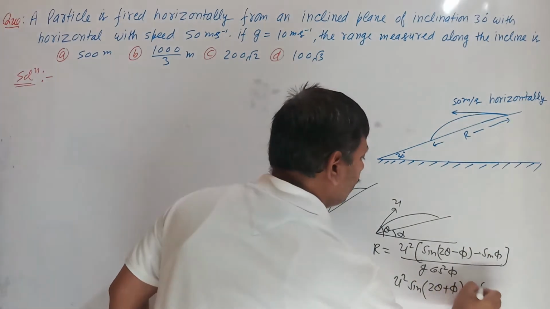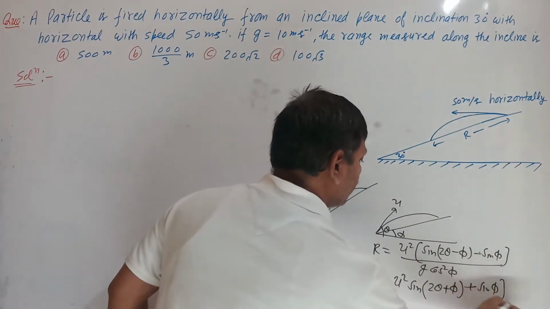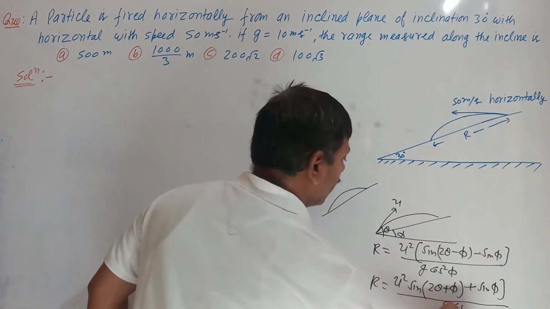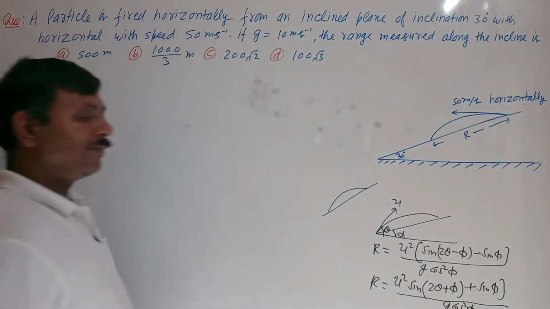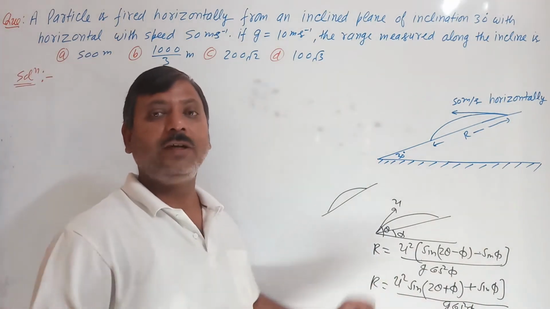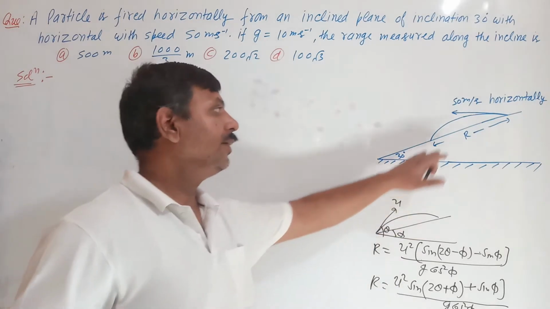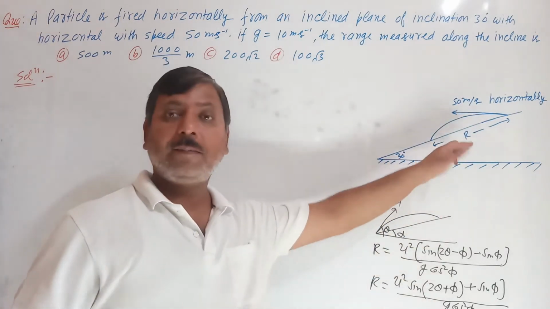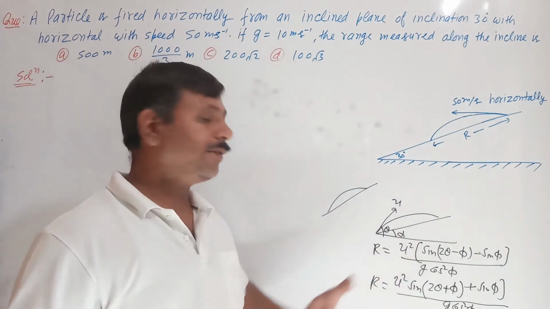This also becomes plus sine phi upon g cos square phi. So this is the formula for range when a body is projected downward from the inclined plane. So this is the formula.